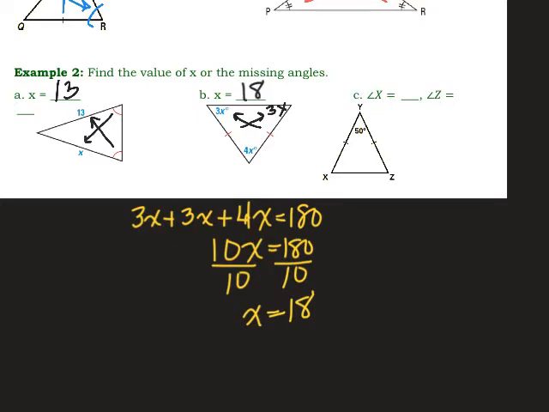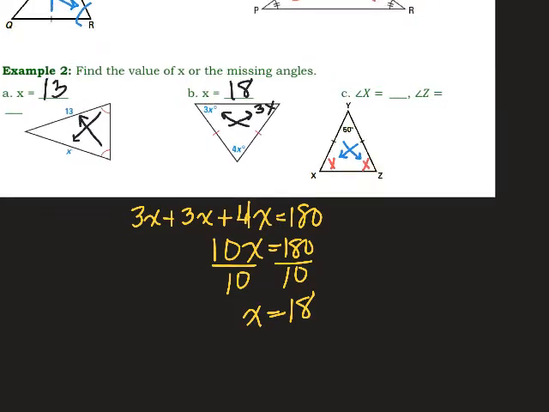Okay, because remember, all the angles inside the triangle add up to 180. So here you have two equal sides. So whatever this angle is, this angle has to be the same. But we don't know what they are. So I'm just going to put an X to represent that whatever one is, the other one has to be the same.